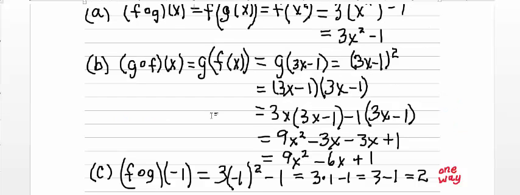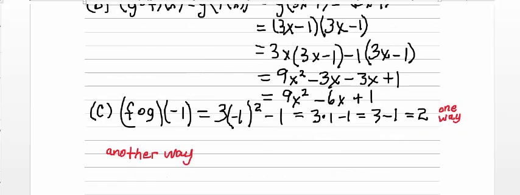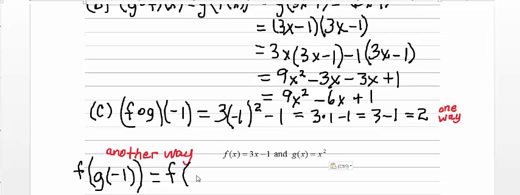Another way I could do it, if I hadn't already calculated f of g of x, would be to take negative 1, put it into g, and then whatever that is, put that into f. Well, g of negative 1 is the square of negative 1.